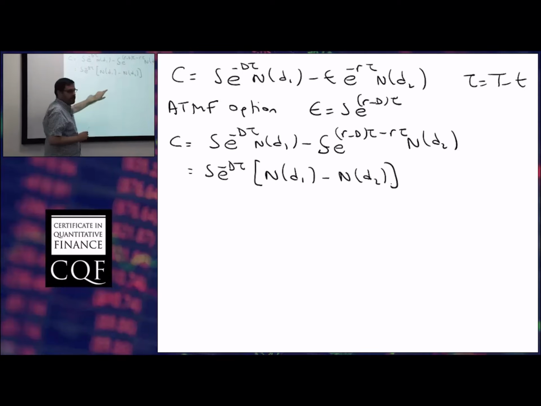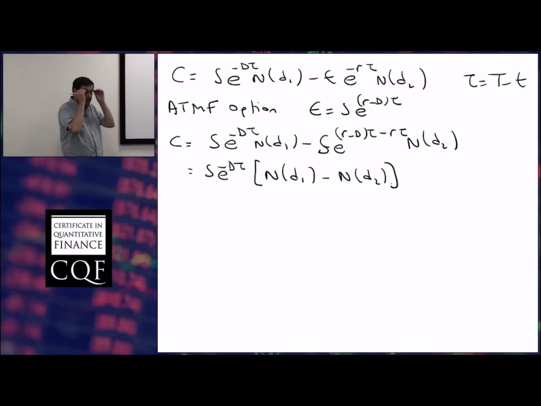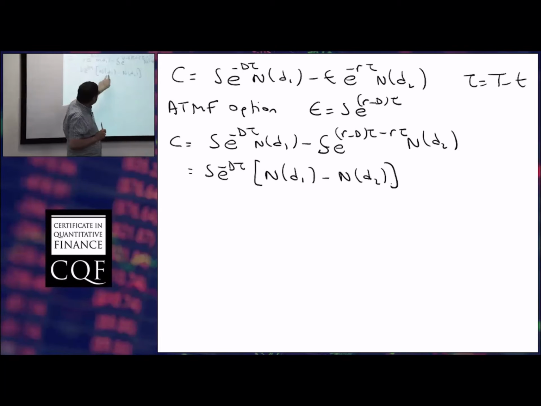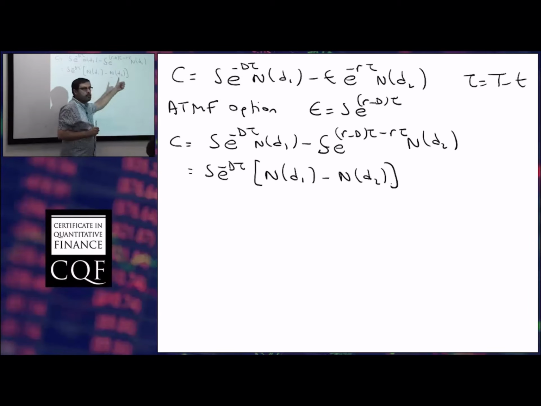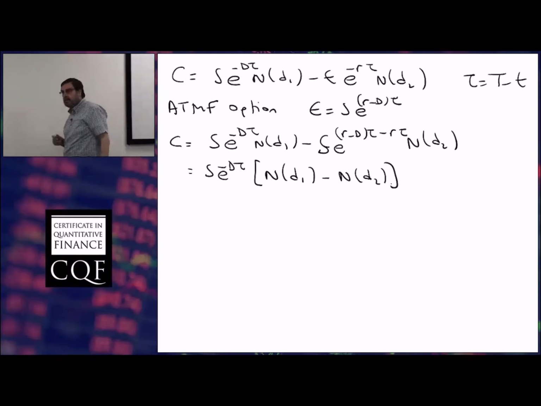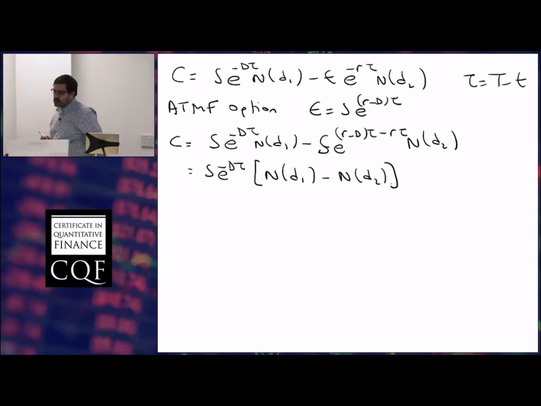However, we want to try and obtain that approximation which is given at the bottom of that slide. Now what we need to do is work on the d1 and the d2. What happens to d1 and d2 when E is equal to S e to the (r minus d) tau?